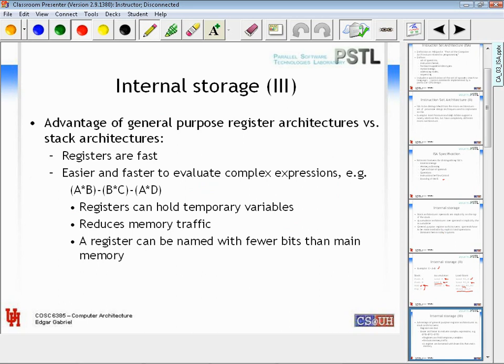Second, to evaluate complex operations such as what you see here, it's significantly easier to code such a complex chain of expressions in a general purpose register architecture compared to a stack or an accumulator. Why? Because you can use registers to hold temporary results. Furthermore, because you can hold temporary results in additional registers, you are reducing the memory traffic, and this is beneficial for the overall execution time.